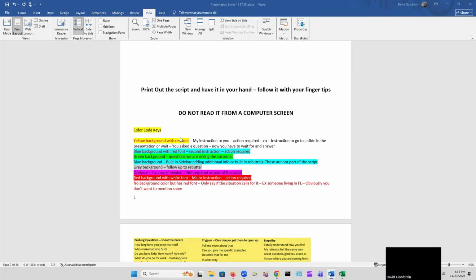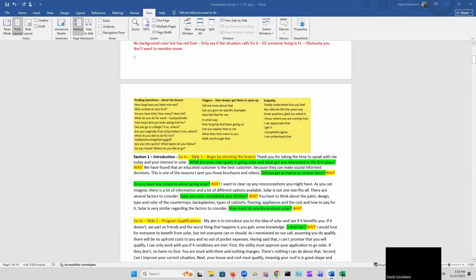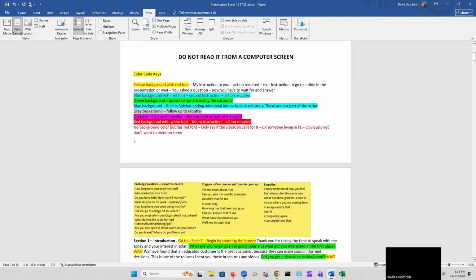It means an action is required. An example would be telling you to go to slide 1 and begin shooting the breeze. The blue background with the red font is a second instruction where an action is required.